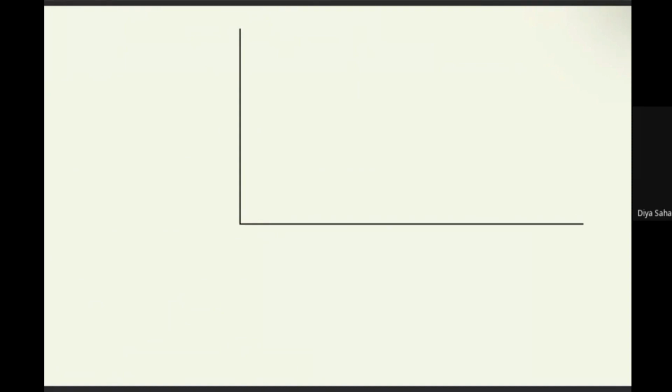So how does 1 by x power 1 by 4 look? We are going to draw this. You don't need the exact shape. It is decreasing on the positive line, like 1 by x. I am very bad at drawing, but this is going to 0 as x tends to infinity.